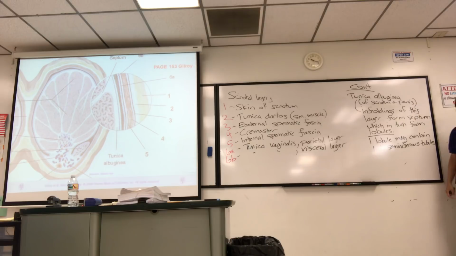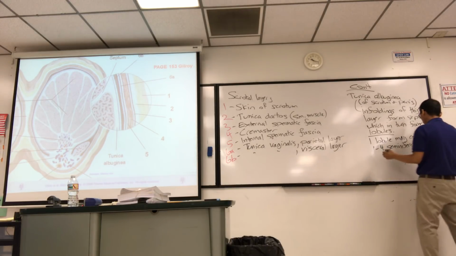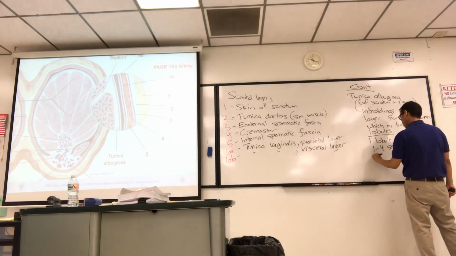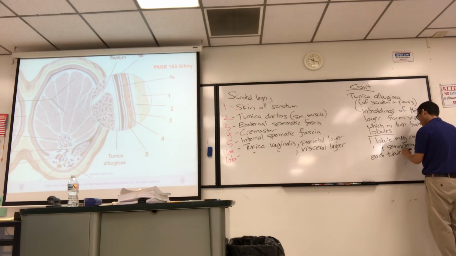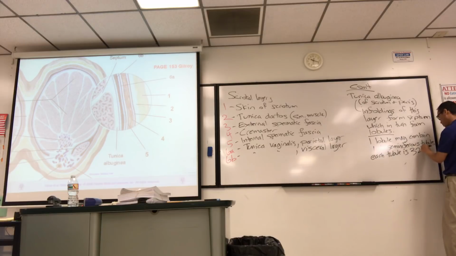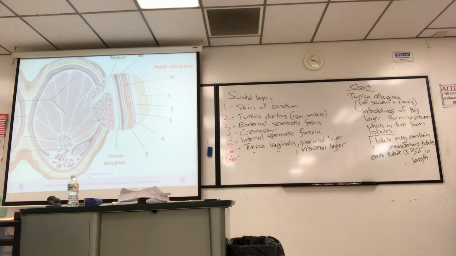I can't remember the number off the top of my head, but each tubule is 32 inches in length, so they're highly coiled up into these lobules. Basically, I'm trying to convey to you, there's a lot of tube. There's a lot of surface area to make developing sperm.